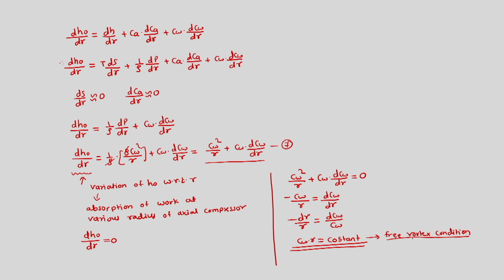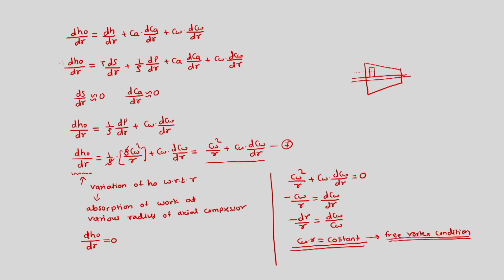If in the axial compressor Cw into R is constant at different radii, then it is called the free vortex condition. We should remember again that in the axial compressor, if this is the compressor, this is the shaft and this is the rotor. So for the rotor blade we have always considered that we are working at the mean height.